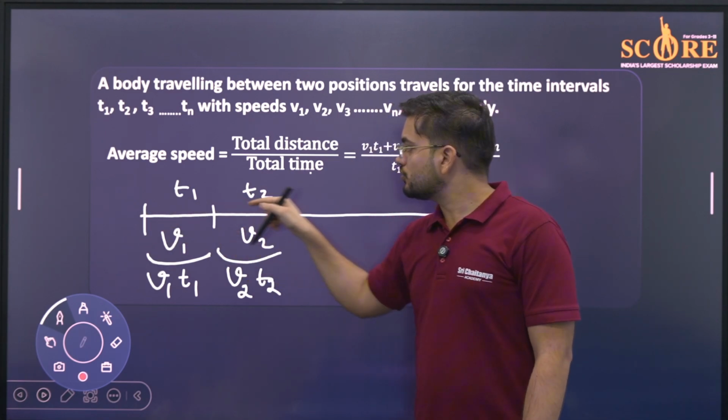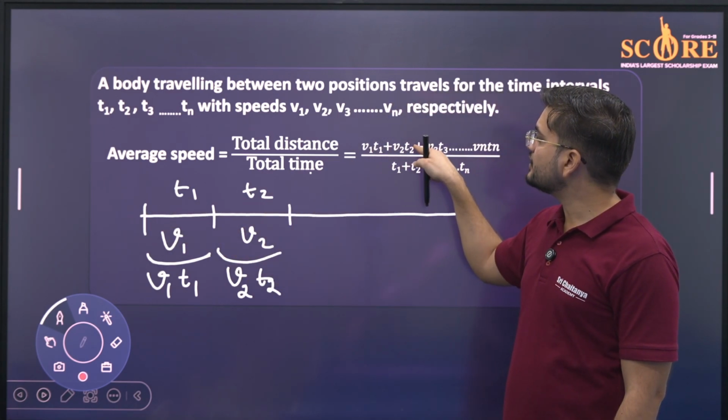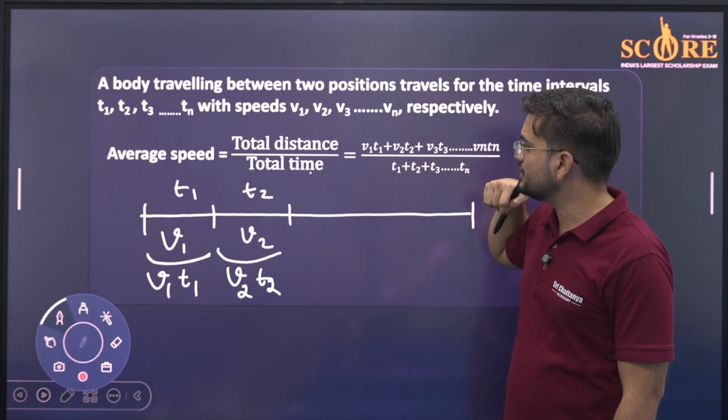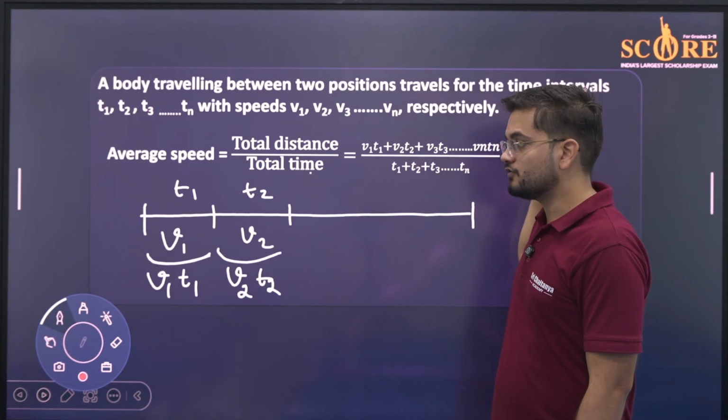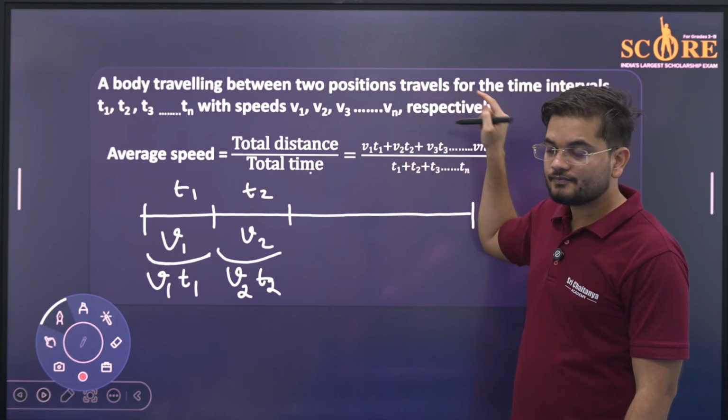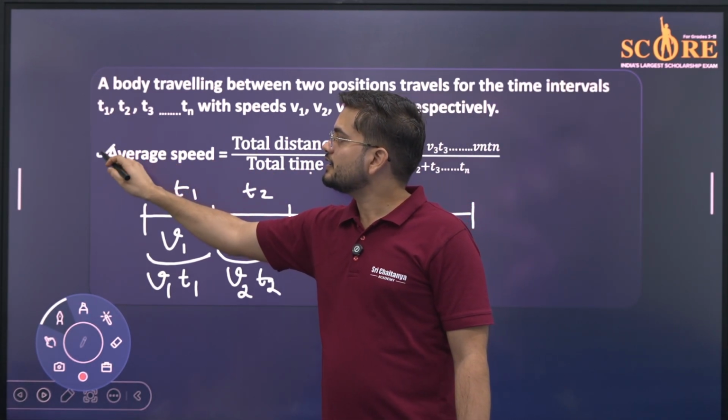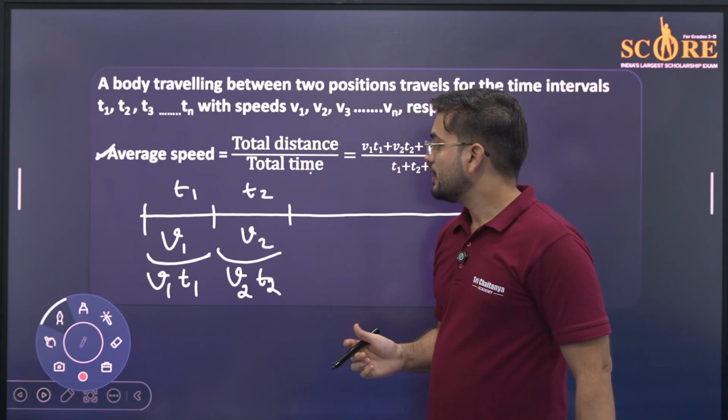So the total distance will be v1 t1 plus v2 t2 plus v3 t3, and the total time will be t1 plus t2 plus t3 plus t4 and so on. Clear? This will be the average speed.